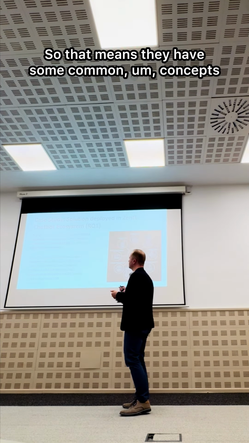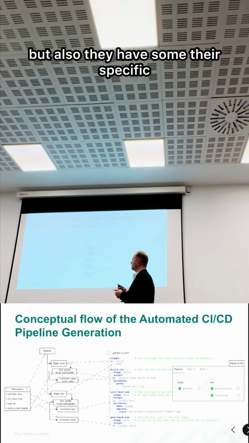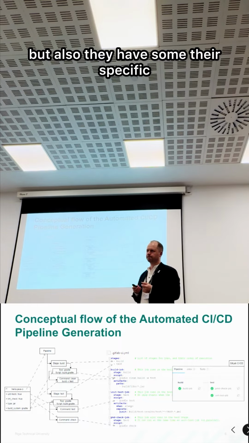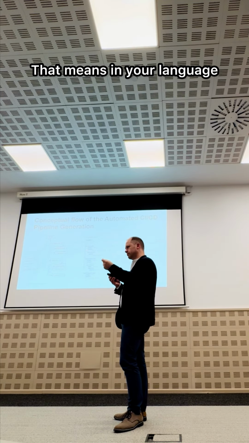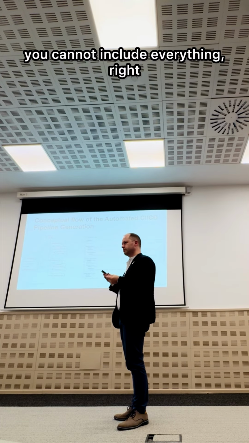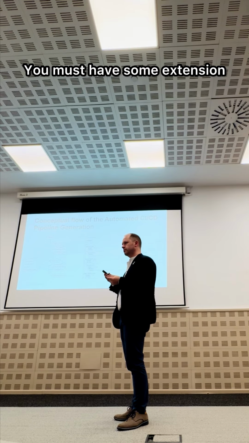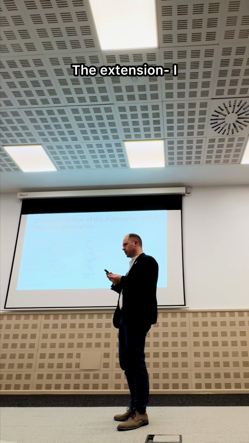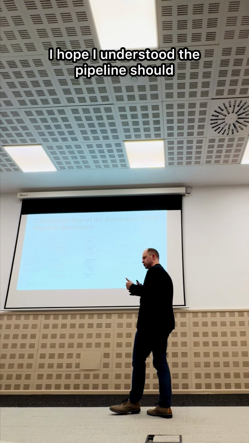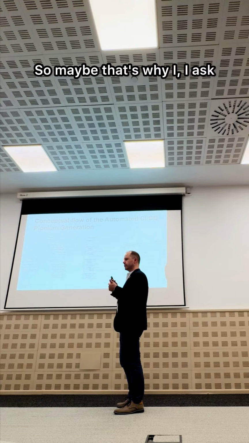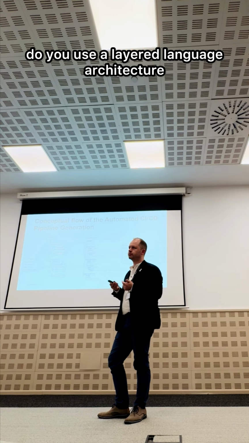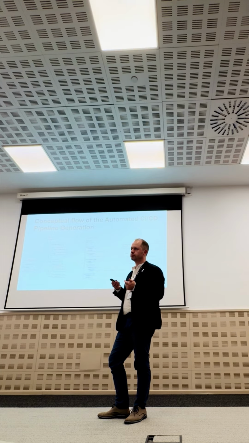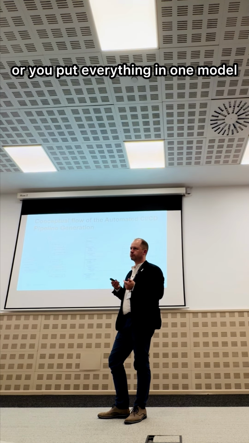They have some common concepts, but also some specific elements or concepts. That means in your meta language you cannot include everything, right? You must have some extension. So maybe that's why I ask, do you use a layered language architecture, or do you put everything in one model?